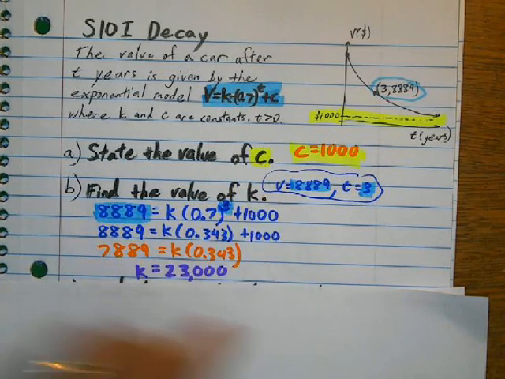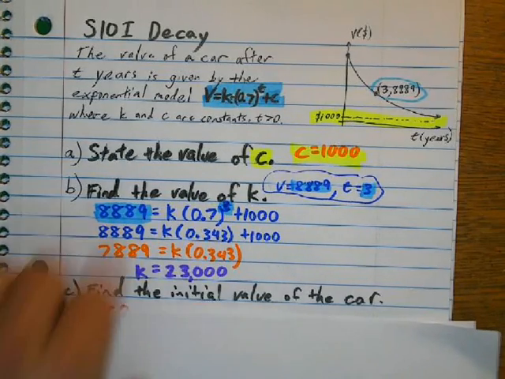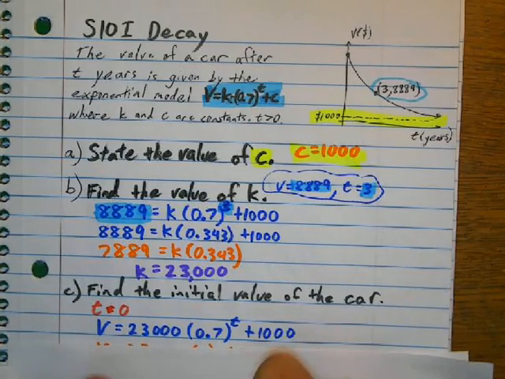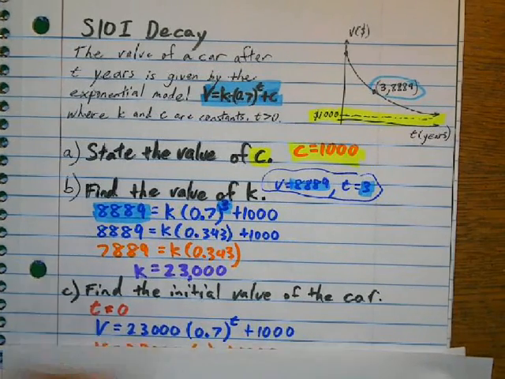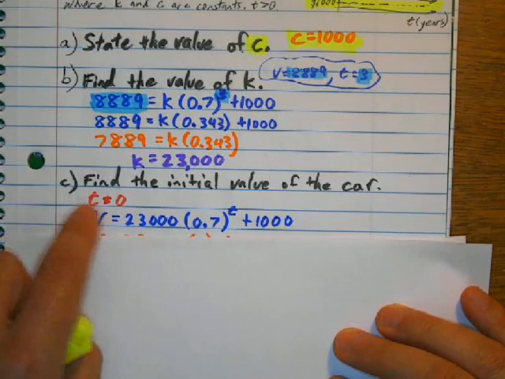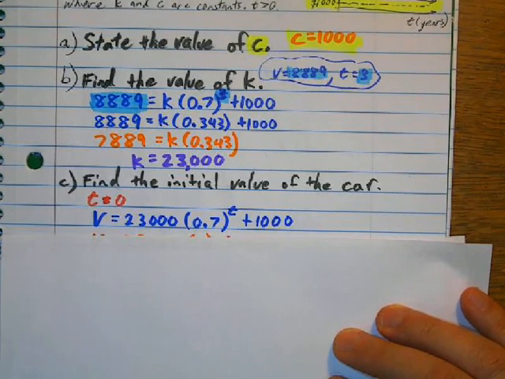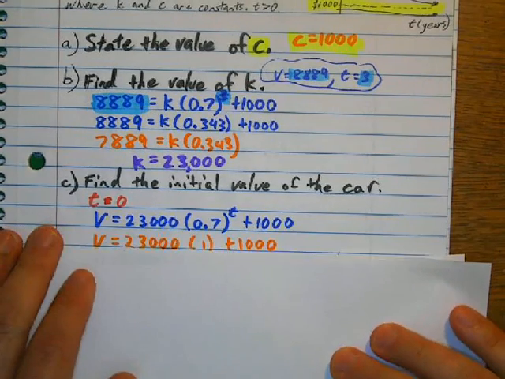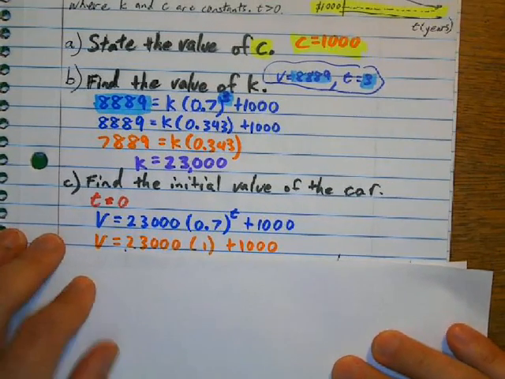And so if I rewrite my equation, we've got this value for k, we've got this value for c, and they said find the initial value of the car. When you're finding the initial value of something, that's when the time is 0 initially. So I'm going to plug in a 0 for t, and anything to the 0 power is equal to 1.